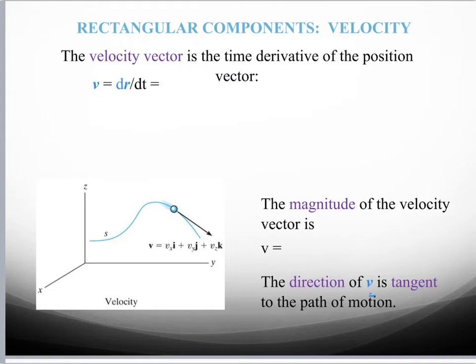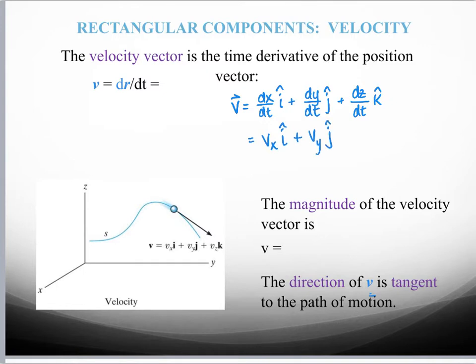So for the velocity vector, because it's the derivative of r with respect to time, we would take the derivative of each of the components, and each of those components would represent the components of the velocity.